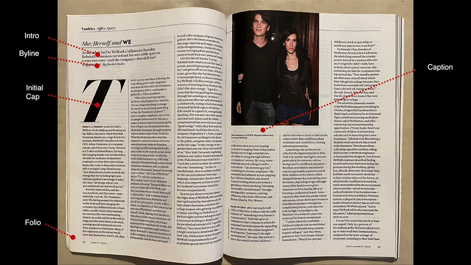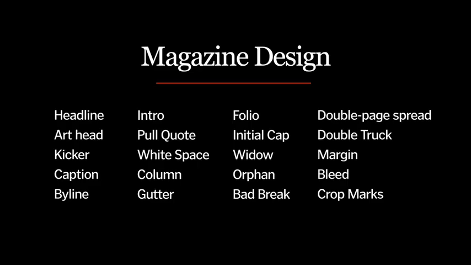It doesn't make any sense to have something where people are trying to guess who's in the photograph. So, just a few of these terms that we've talked about: headline or art head, kicker is a label that might go above a headline, captions, bylines, intro, pull quote or pull-out quote, and the use of white space to help draw the eye. It's not necessary to fill every corner of a page design.